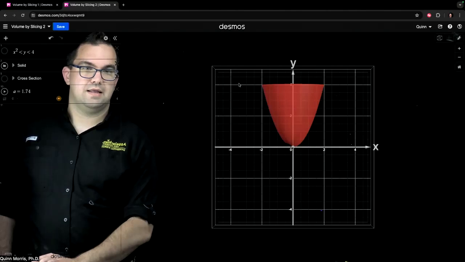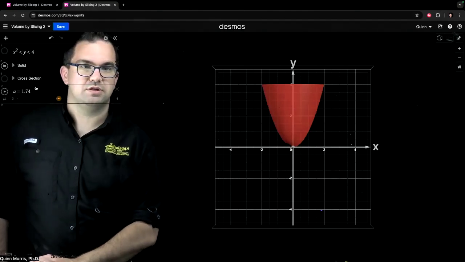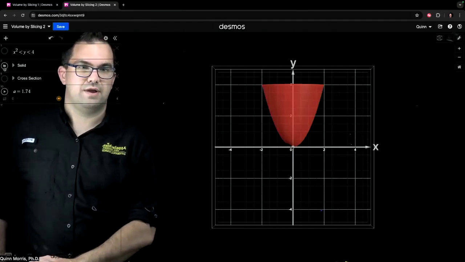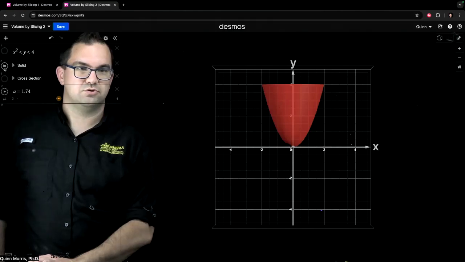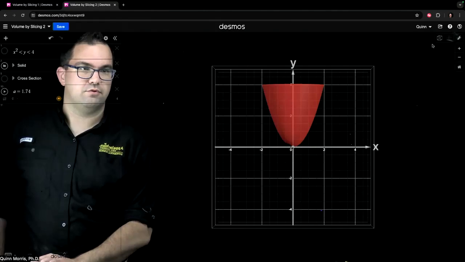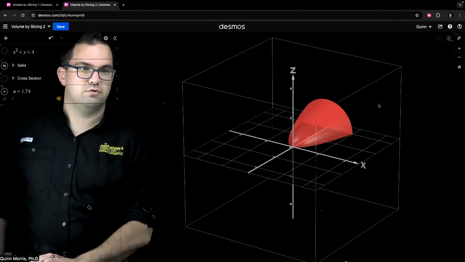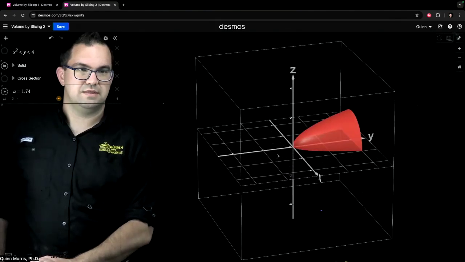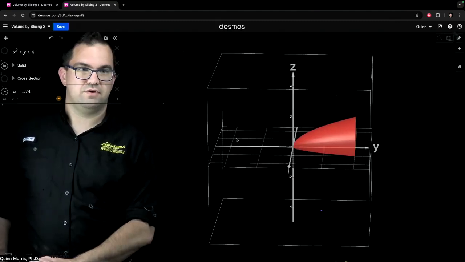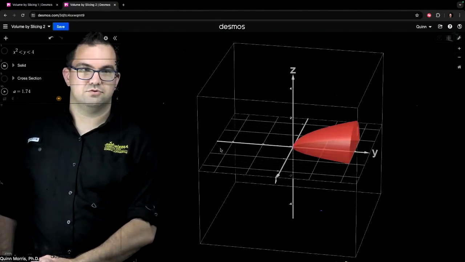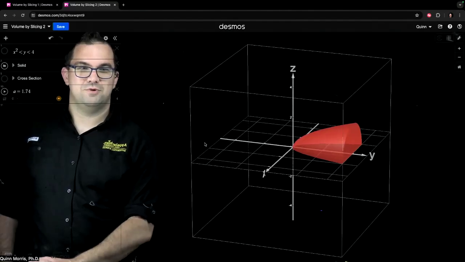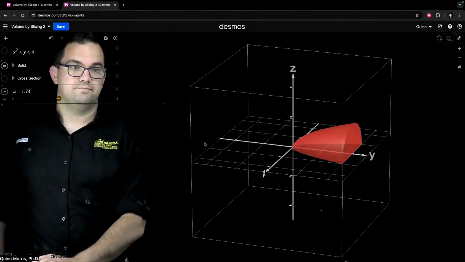And now what I want to do is imagine thickening this out and creating all the cross sections that are semicircles. So here now, if I rotate this to a three-dimensional shape, you should be able to see what that figure ought to look like. And here's roughly the perspective from which I was trying to sketch it earlier.